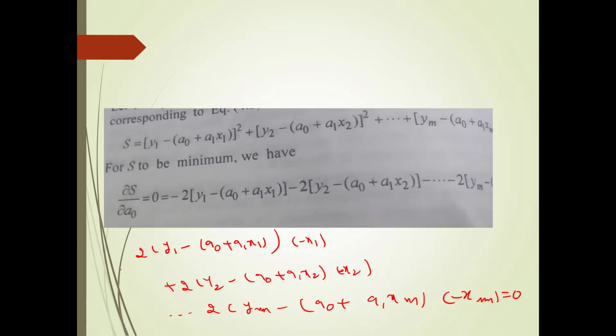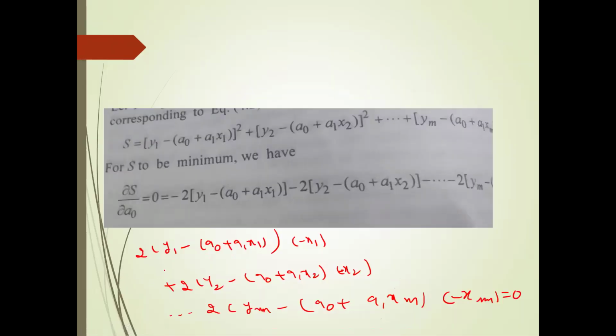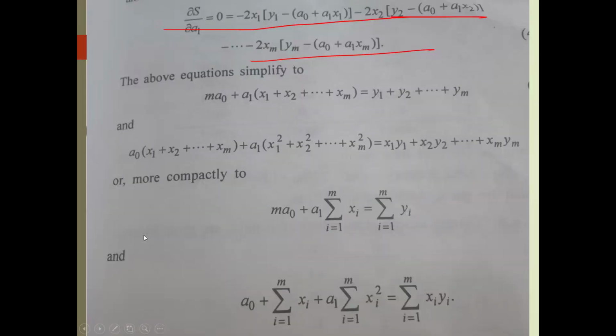In the same logic, what is the term you will get? See here, if you apply the second one, see what terms you will get. Dou s by dou a1: if I take minus 2 common here, y1 x1, here y1 x1, and sending that term, what terms do you see here? x1 y1, x2 y2, and so on, xm ym.